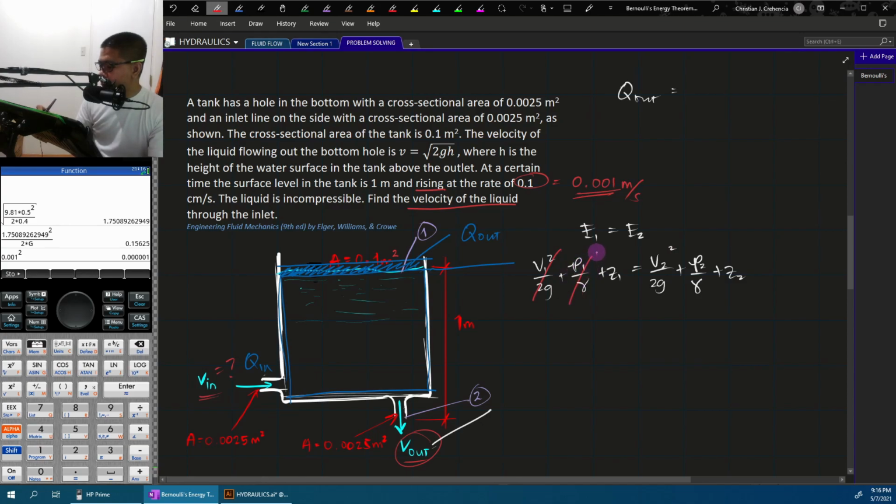Pressure sa point 1 is 0 dahil exposed sa atmosphere. Then, meron tayong Z1. Then, pressure sa point 2, paglabas dun sa pinaka-nozzle natin doon, exposed na yan sa atmosphere. Then, pressure 2 is 0. Then, if we set this as our datum, then Z2 is 0.